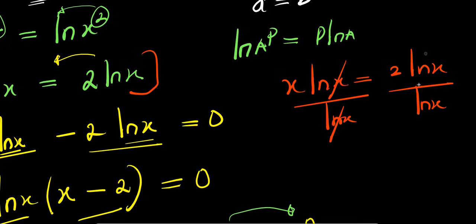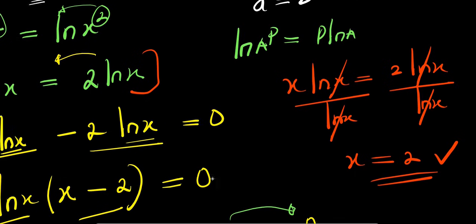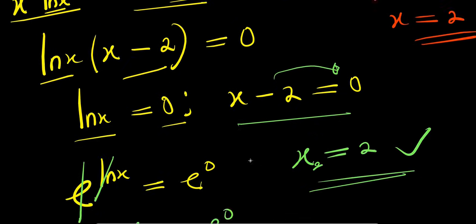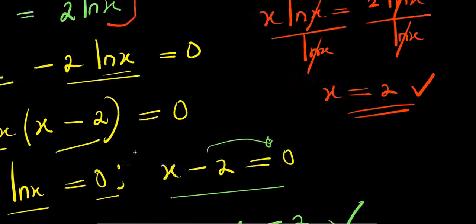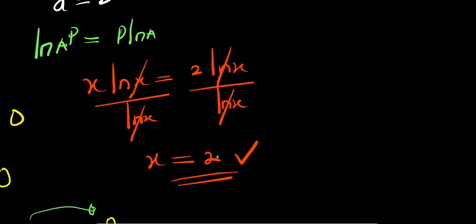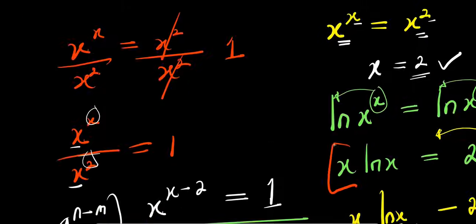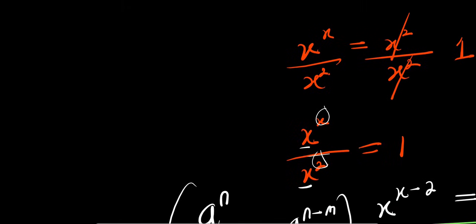This cancels, this cancels, and this will give me x equals 2. This will not give you the other value of x, except you form an equation using the factoring method. So if you just divide, you are going to have only x equals 2. Those are the different methods you can easily use to solve this exponential problem.